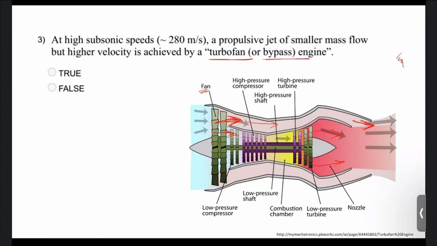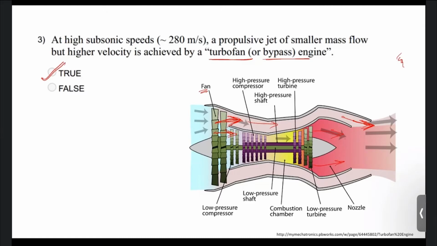Okay, so yes, in the case of turbofan engines, a propulsive jet of a small mass flow but high velocity is achieved because this extra air coming from the duct mixes with the combustion products coming from the nozzle and results in a high velocity propulsive jet. Okay, so this is a true statement. Yes, this happens.